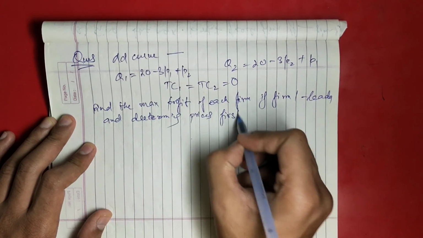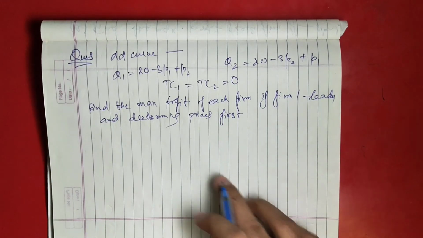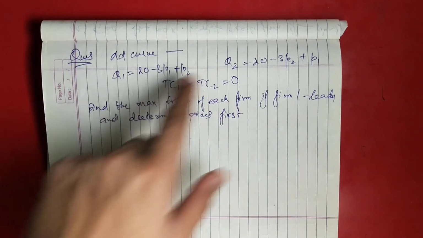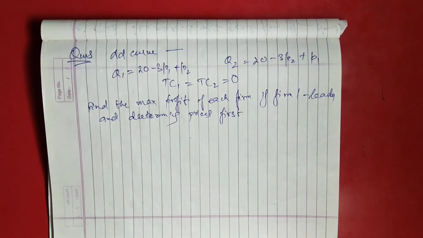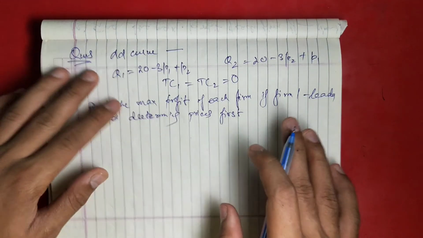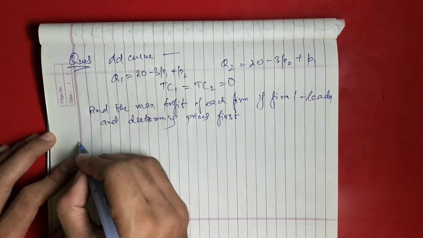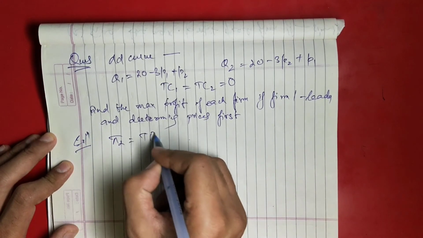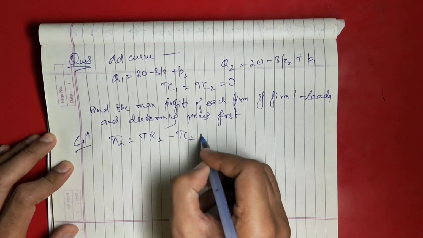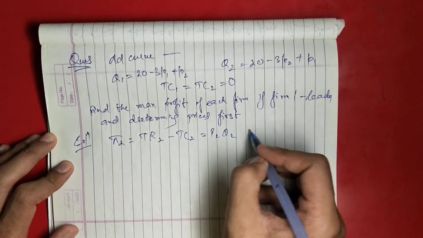So it's again simple. You have to calculate the RC of the follower firm, for firm 2, and then put it in the profit function of the leader firm, but it will be in terms of P now. Pi2 is equal to TR2 minus TC2, which is P2 into Q2 minus 0.